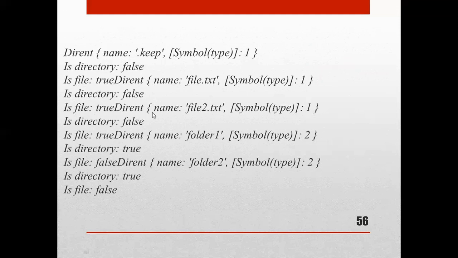Then it will check the next dirent, that is file2.txt. Now here you can see file2.txt is a file, so it is not a directory, so isDirectory gives false. On isFile, yes, this will give true. So it will give true and false results for the isDirectory or isFile functions.